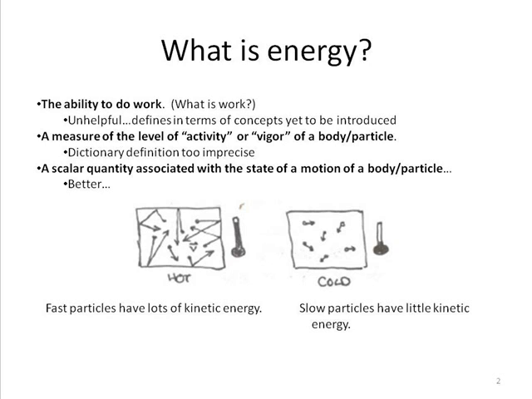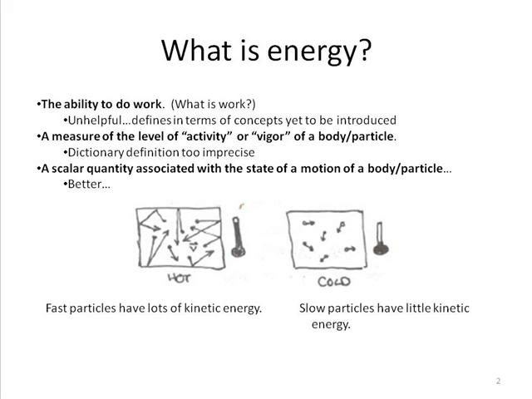Energy can be defined in dictionaries as the level of activity or vigor of a body or particle. The basic concept being that particles that are traveling fast have more energy than particles that are traveling slowly. The dictionary definition is a little too imprecise to be used in highly mathematical fields such as physics, though it generally embodies the concept. The book defines energy in more formal mathematical terms.